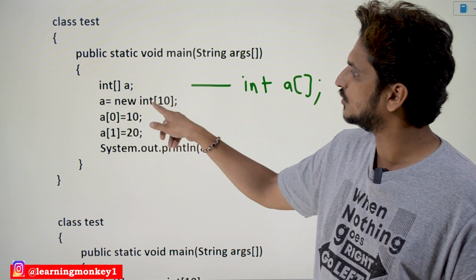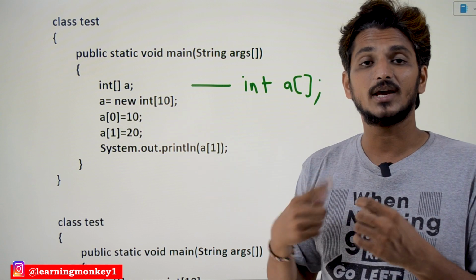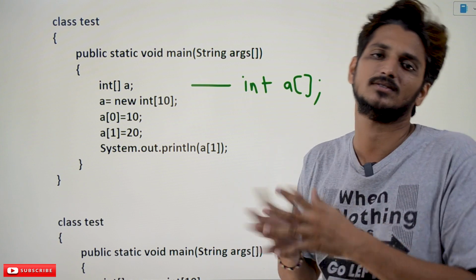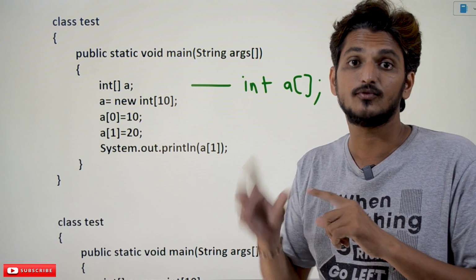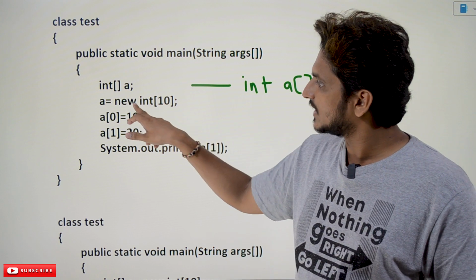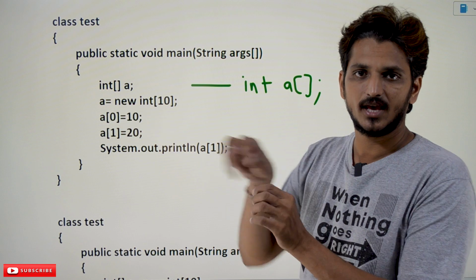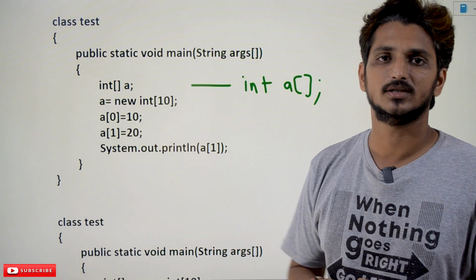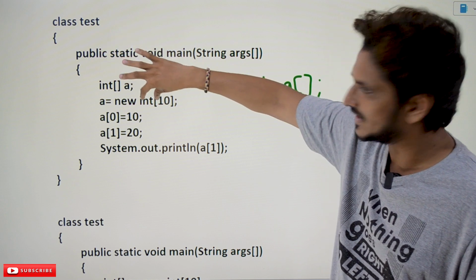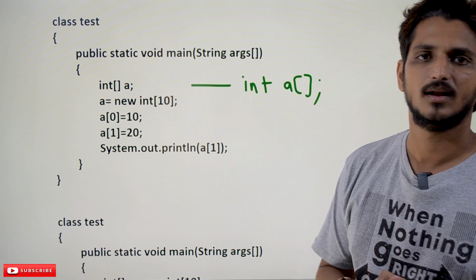A is equal to new int of 10. How many locations are we going to assign? 10 locations, 10 integer spaces. That means 10 times 4, 40 bytes are going to be assigned. That memory location is referenced by A. This is how we define an array variable and assign memory to that variable.